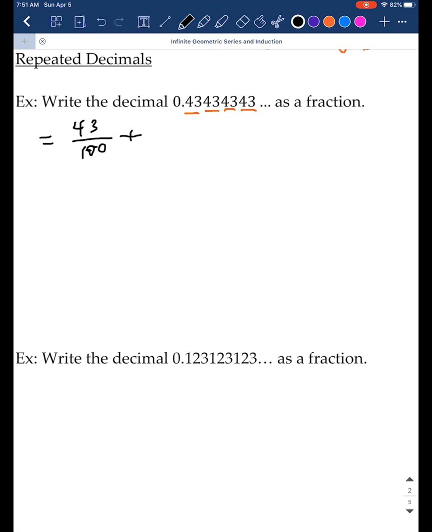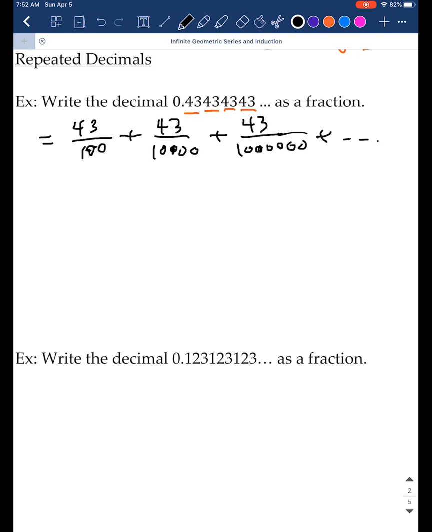And then the next term would be 0.0043, which would be 43 over 10,000. And then the third, 0.000043, 43 over a million, etc. And we can say that that's an equivalence with that fractional expression.